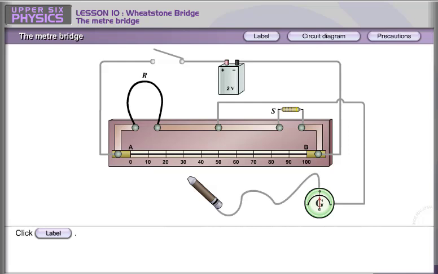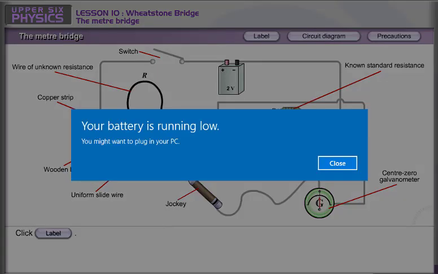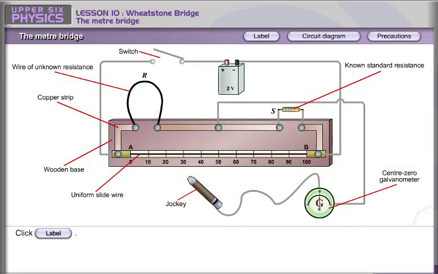Click the label button. Click the Circuit Diagram button.